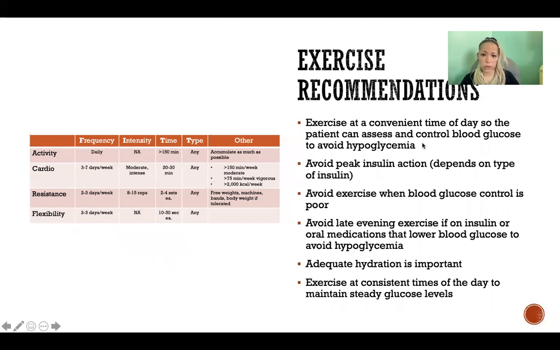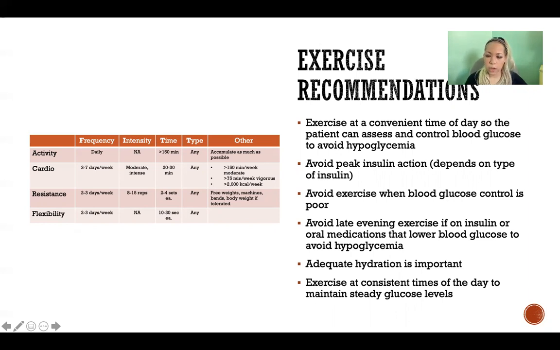All right, so exercise recommendations for diabetes mellitus. It is all about making sure that the person can manage their blood sugar and that you're avoiding risk of serious harm during exercise. The person should exercise at a time of day that is convenient for them, where they can assess and control their blood glucose to avoid hypoglycemia.